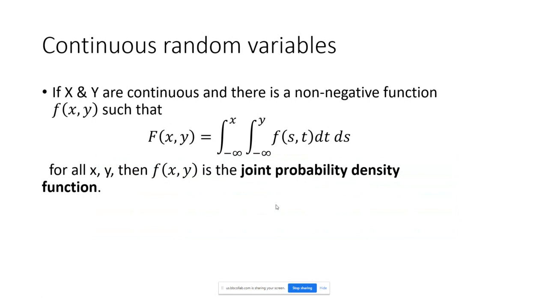So if X and Y are continuous random variables, and we can find some non-negative function little f, so that when we take the integral of that, as t goes from -∞ to little y, and s goes from -∞ to little x, where that is equal to our joint distribution function big F of little x comma little y, then we can say that little f is the joint probability density function.